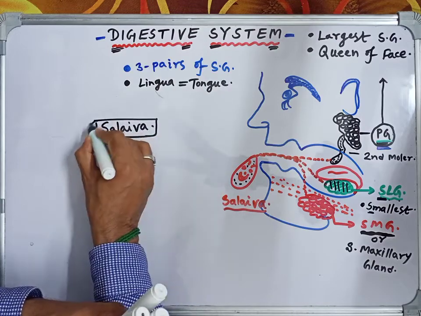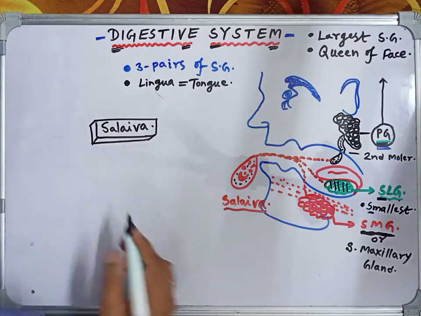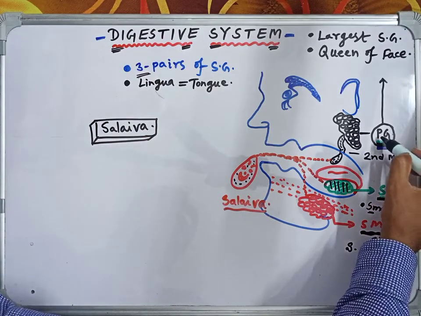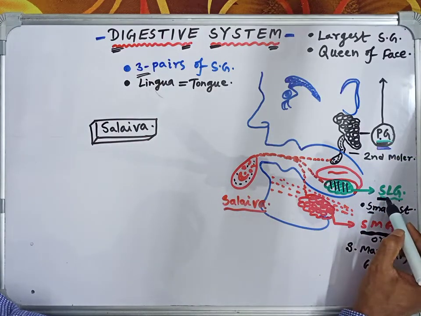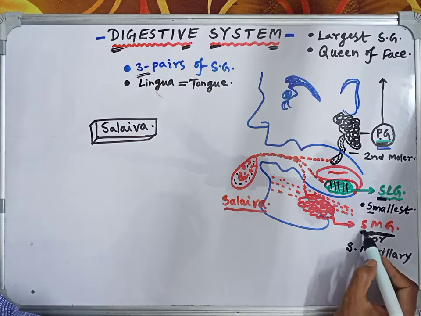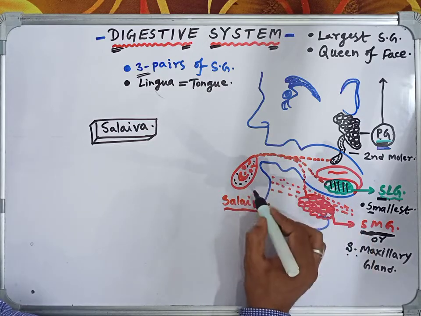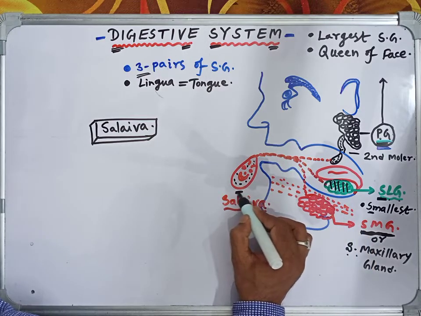So how many pairs of salivary glands are present in our mouth? Three pairs. The first pair is the parotid gland, the second one is the sublingual gland, and the third one is the submandibular gland, also called the submaxillary gland, and all these glands are responsible for production of saliva.